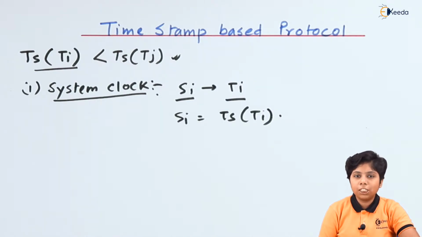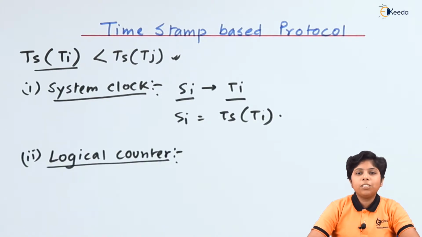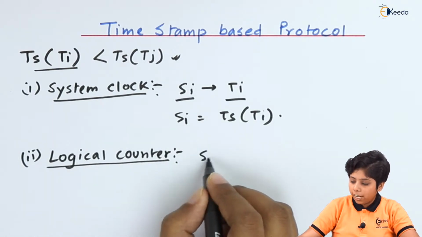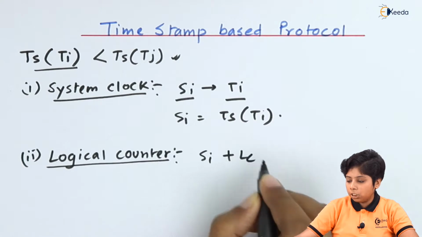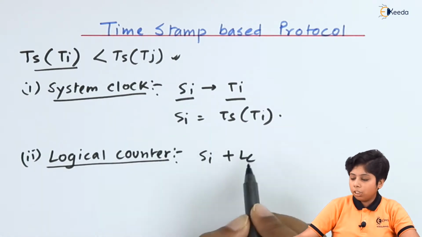Next is the logical counter. The logical counter tracks, after TI has entered the system, for how much time the transaction is running. Say for instance it has started at SI, and for every second we add one to the logical counter.